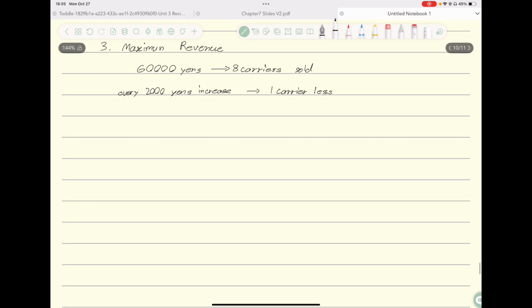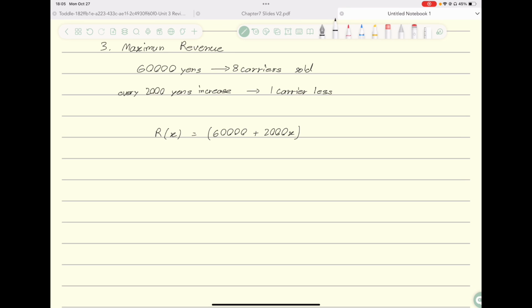So how do we make this into a mathematical equation? It's simple. We'll find the revenue of x. We'll find the price: 60,000 plus this increase of 2,000 x.